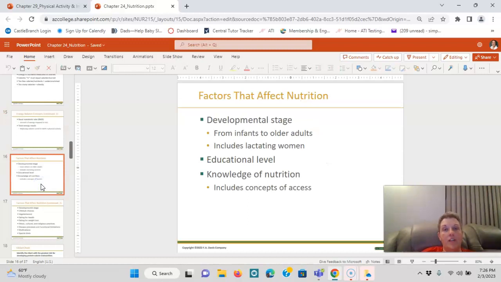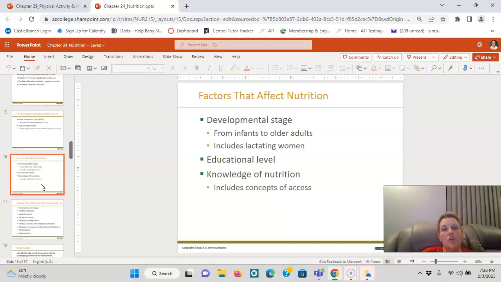There are factors that affect our nutrition, including developmental stage. What an infant needs and what an older adult needs are two different things, including what happens when you're lactating. You need 500 more calories a day when you're lactating, when you're making milk. Education level affects nutrition. Obviously, the more educated you are, the more you want to eat healthy.